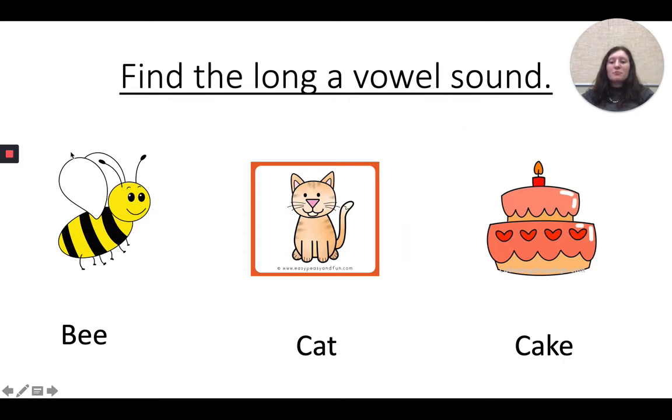So we know with bee, we don't even see the letter A in it at all. So we know that that one we can completely eliminate, we can get rid of. And we can focus on cat or cake.